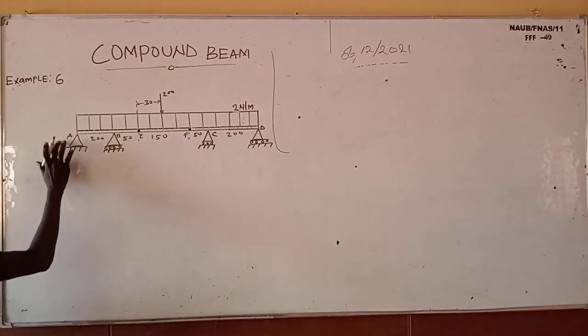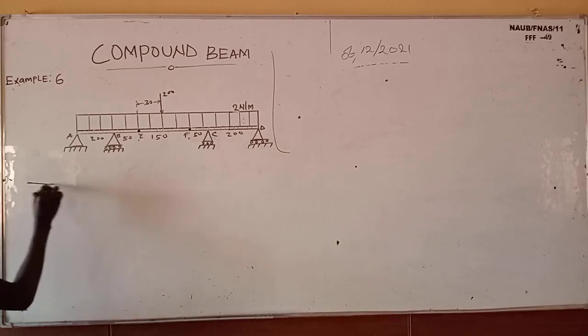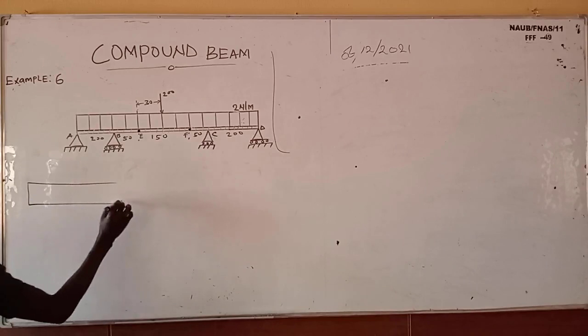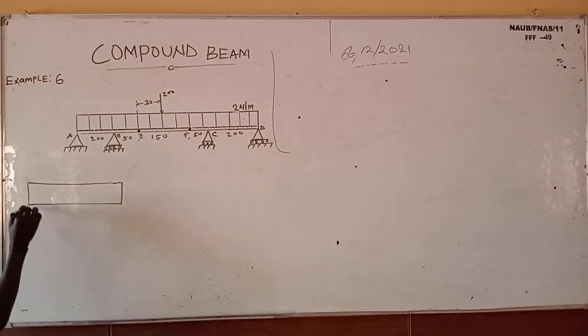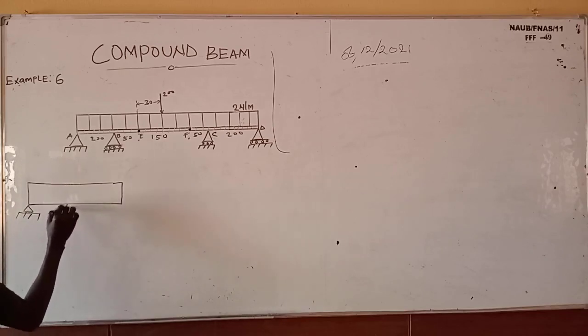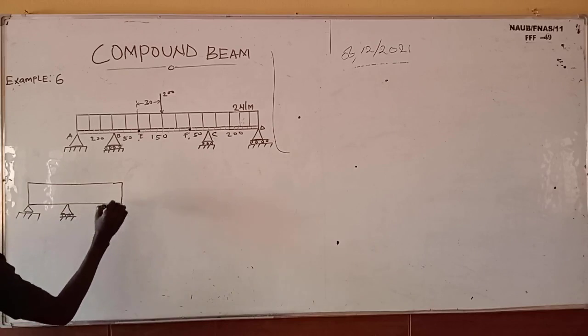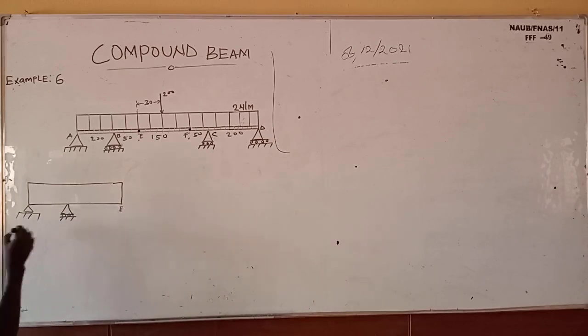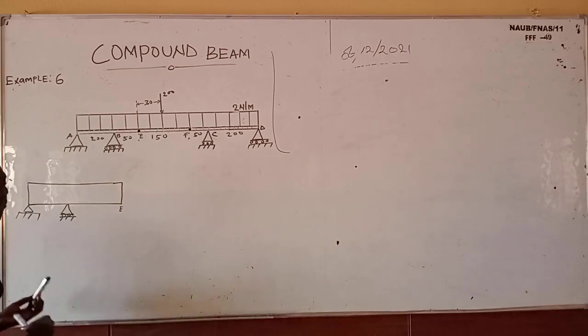It's going to be like from A to E, going to be in form of something like this. We have our hinge support here, our rolling support here, then we have point E here. I hope you are following.